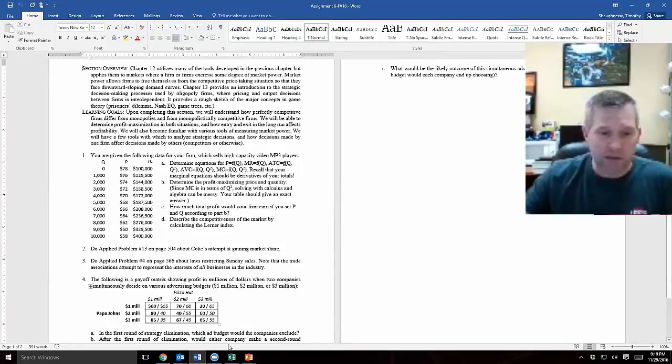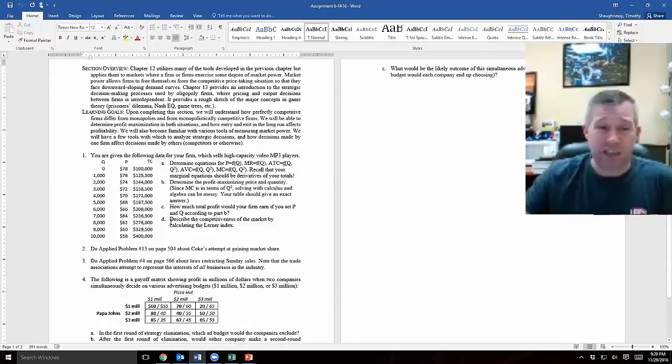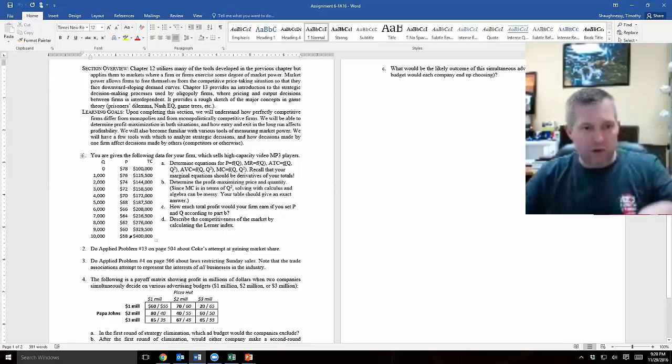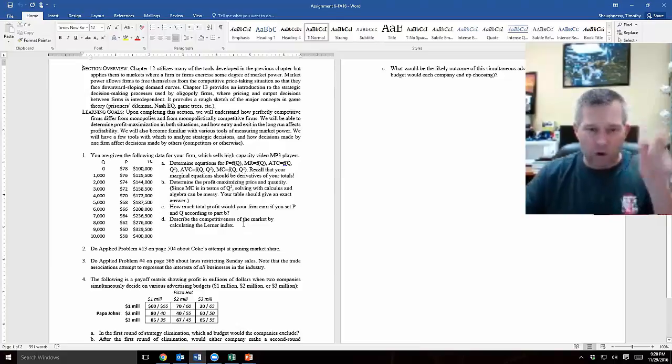But you don't need to do that, because really all we're trying to figure out is, that's why I put this question last, that's why I did it in part D, because you're figuring out what the best price and quantity is for this company. So they're only going to charge 1. So once you figure out what that is, then you can just say, well, I know they're going to charge this price. They're not going to charge any of these other prices that may be in this table. They're just going to pick 1, whatever the profit maximizing price is, and just figure out what the Lerner index is at that one single price and quantity that they are picking.